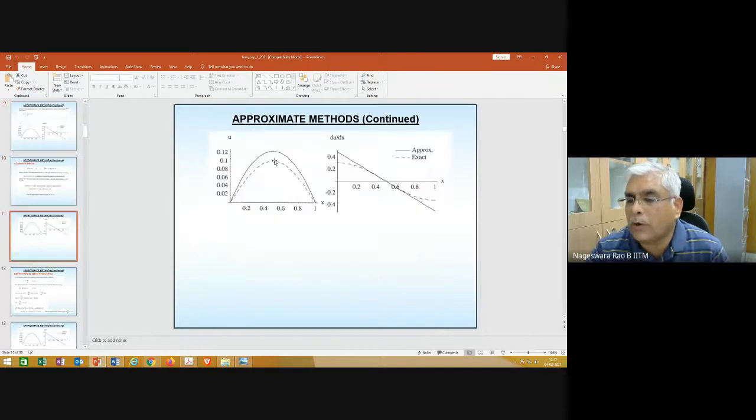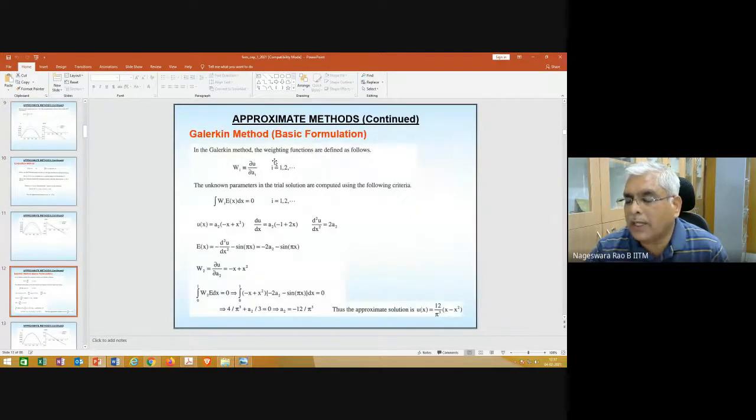Whereas natural boundary condition need not be satisfied. So that is why it's called natural boundary condition. Why is it called natural boundary condition? When is it going to be satisfied? Natural boundary condition is going to be satisfied as you increase the order of the trial solution. It is going to be satisfied in a natural manner. As you keep on increasing the order of the approximation, naturally it satisfies.